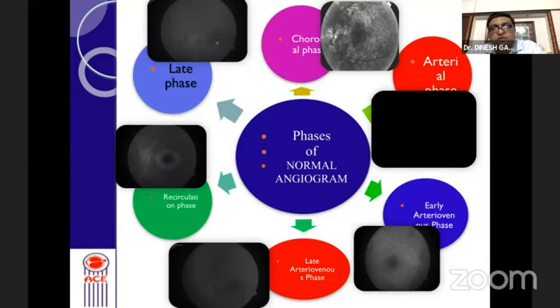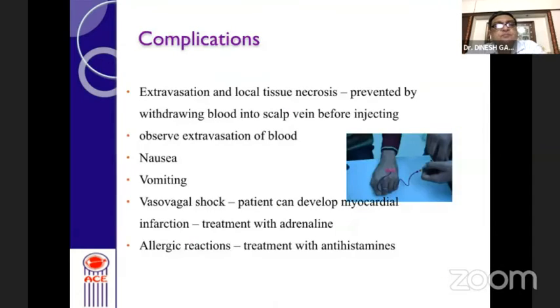So these are the different phases. There is a choroidal phase when the choroidal filling starts to occur, then the arterial phase, then the early arteriovenous phase when there is a laminar flow, then the late arteriovenous phase, then the recirculation phase, which is after that half minute, and late phase photographs are taken at about 5 to 10 minutes.